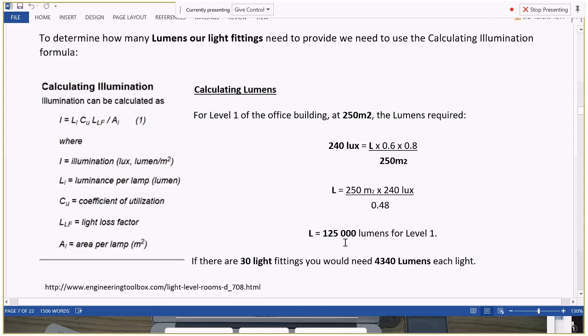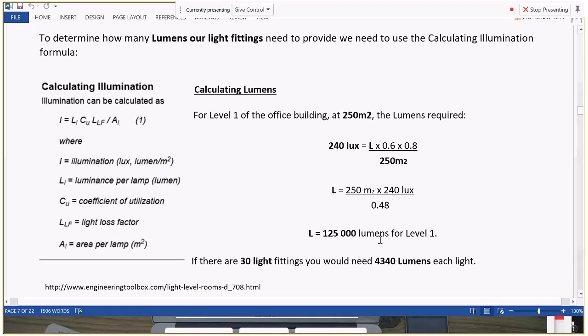Then, once we've got our 125,000 lumens, we've done a bit of research into our office lighting options. So we go, okay, we've got these LED troffers, 1200 long by 300 wide, that will produce 4,340 lumens per light.